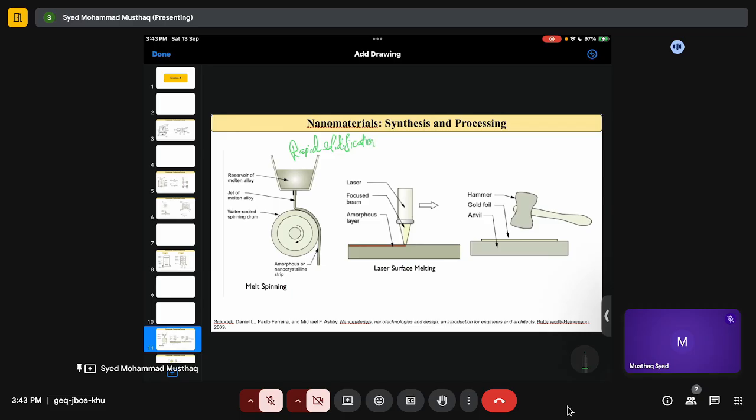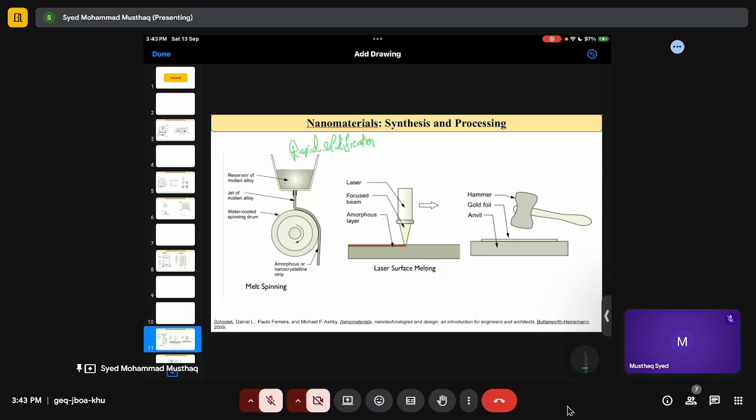So what do I mean by rapid solidification? There is a way of saying, if you cool things very fast, you can make glass of anything.